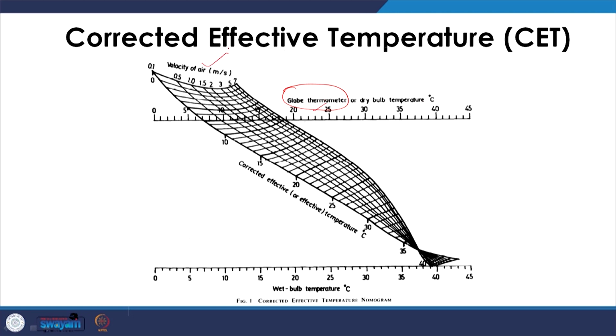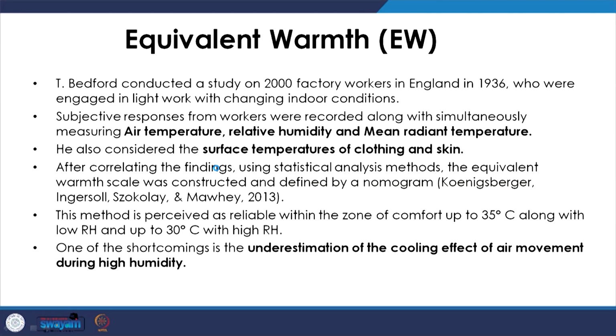The velocity of air remained the same and the wet bulb remained the same, which takes into account the relative humidity. The nomogram looks very similar, but the index was now called corrected effective temperature, which took into account all the 4 environmental parameters.